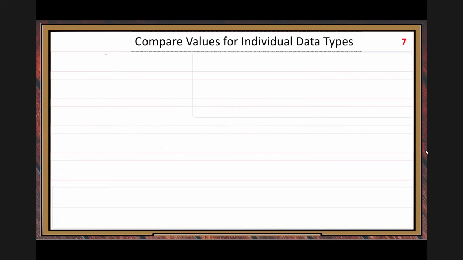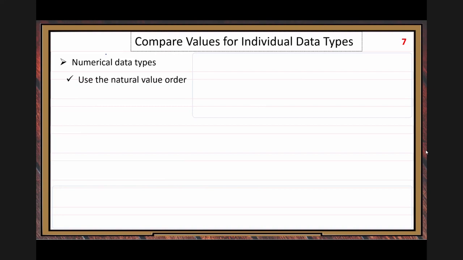Compare values for individual data types. Let's do another slide. Numerical data types: we use natural value order. For numerical, the order is defined, so we do not need to worry about it. We can always compare two values.